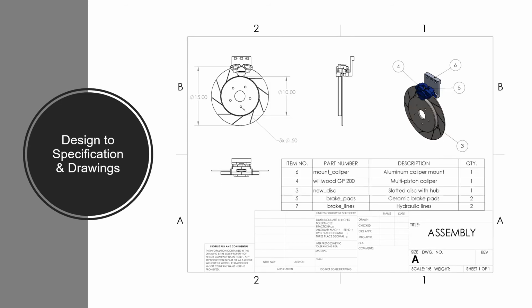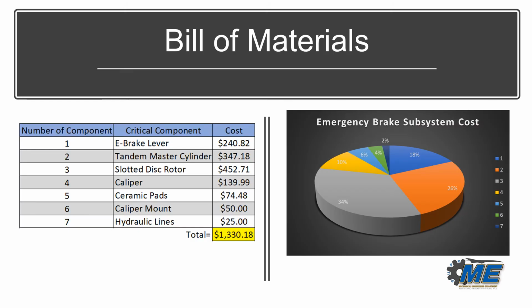And last, we have our final assembly, which is the disc rotor with the caliper, with the pads, and the caliper mount. As you can see, there are the specifications and the bill of materials. Here we have the bill of materials, a better breakdown. Here we have the number of components, referring to the drawings, the name of the component, and the cost.